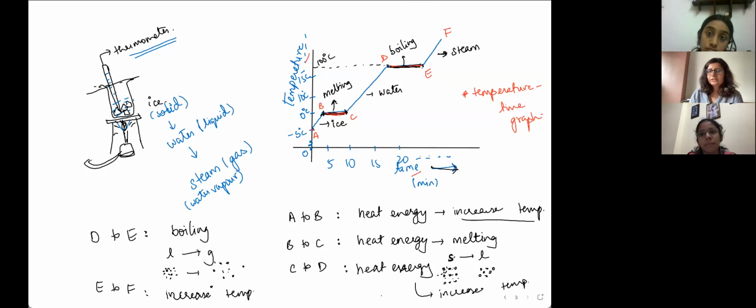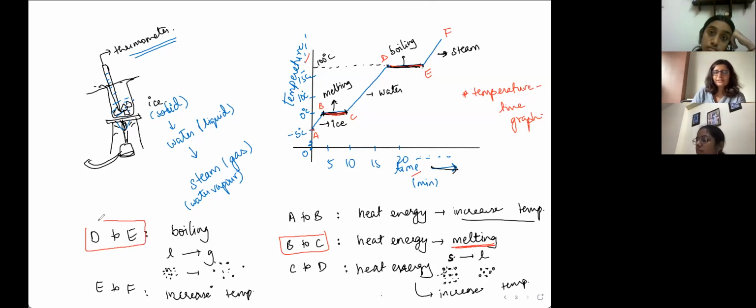Okay. So now what happened here? If you focus on B to C, where melting is taking place, and D to E, where boiling is taking place, here you're still supplying energy, but the temperature is not increasing. So what is happening?